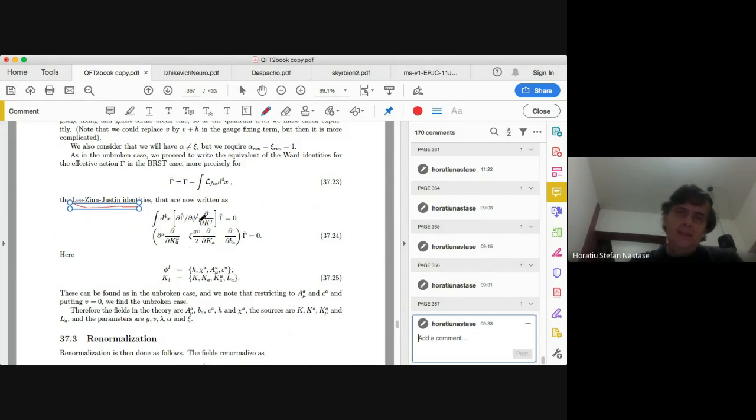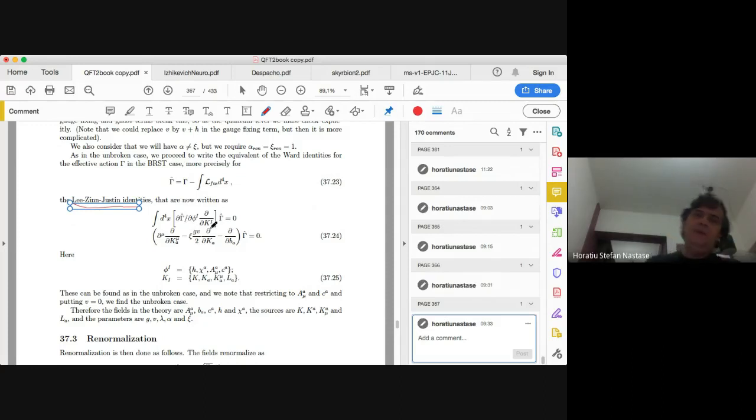One has the same form: there's a derivative from the right of gamma hat with respect to the fields phi I, which are h, chi a, mu a, and c a, and then there's a derivative from the left, d gamma hat, d ki, the sources, meaning k, k a mu, and l a for the corresponding fields here.